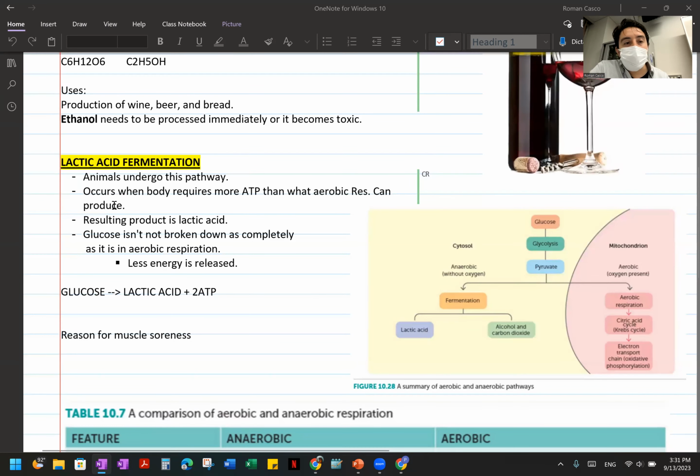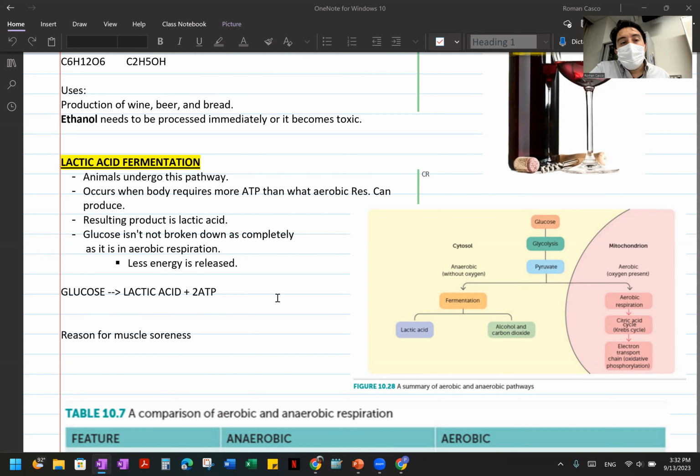Then you have another type of fermentation, and this is more for animals, including humans; we undergo this pathway. Similarly, you break down glucose to produce what is called lactic acid plus 2 ATPs. Now, you may think, wait a minute, we're breathing in oxygen, we're aerobic organisms, and our body has oxygen.